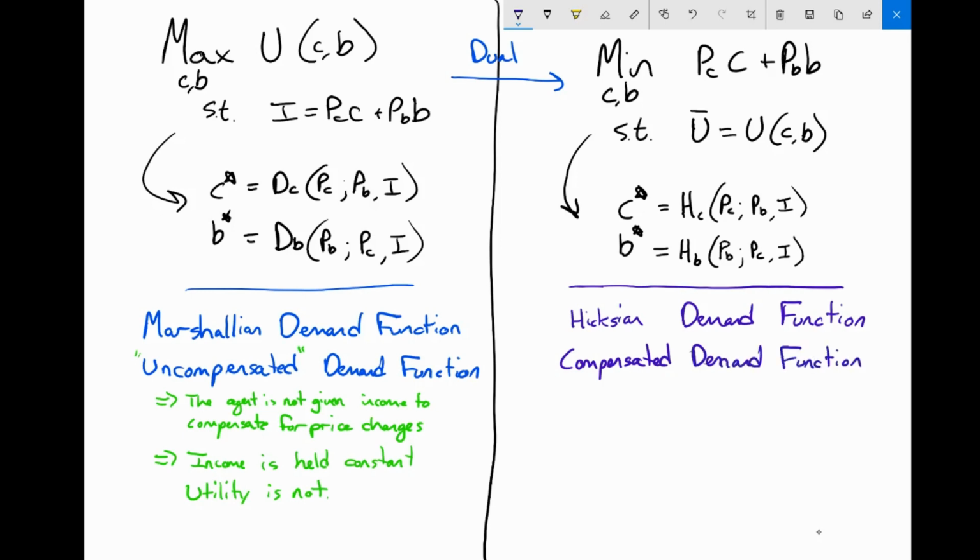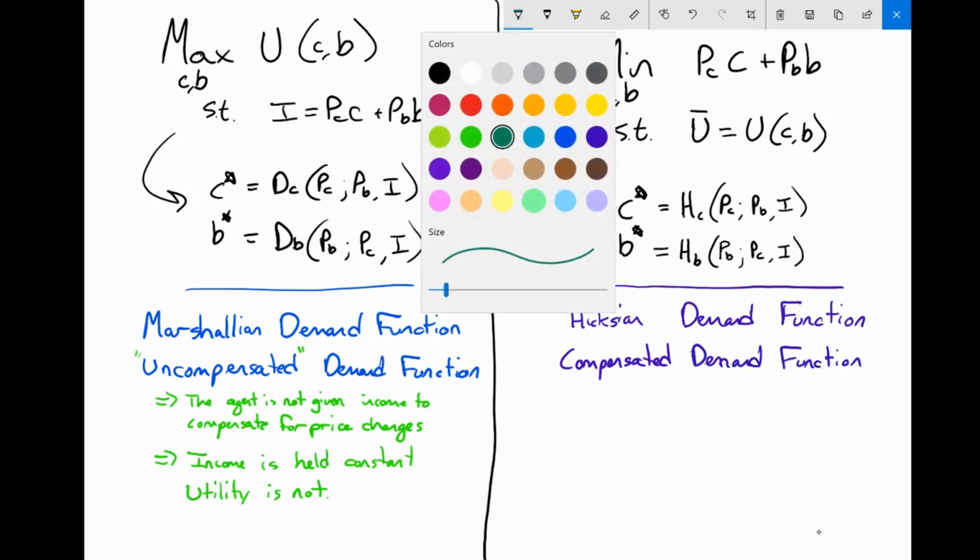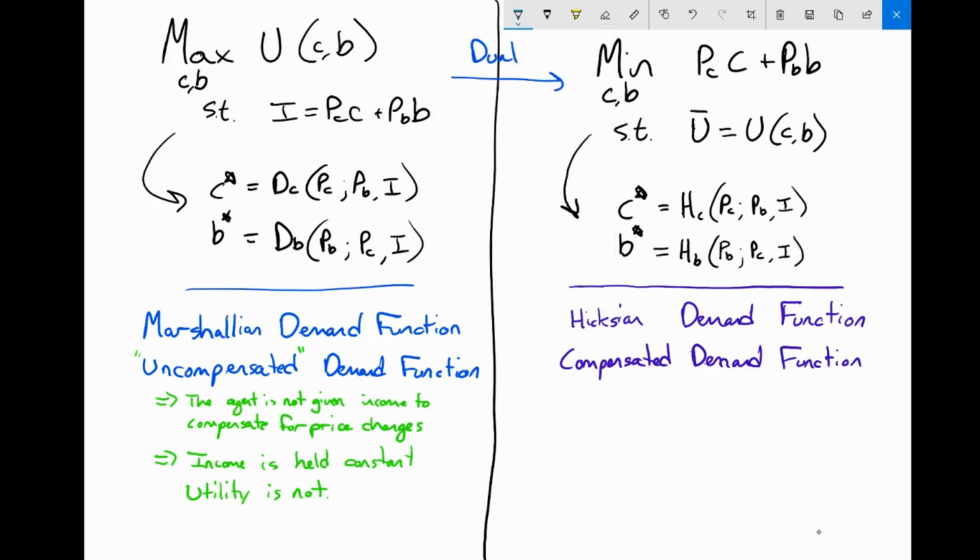What do I mean by compensated? Compensated means the agent is given income to compensate for price changes.